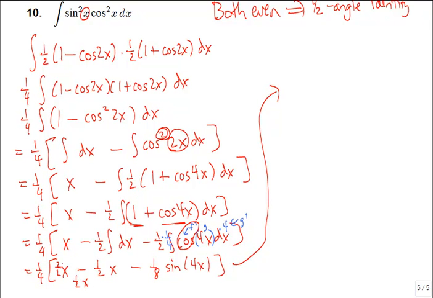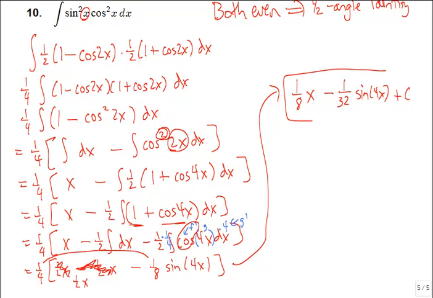So if I clean those like terms up, then these two turn into just that single term, and 1/4 times 1/2 x is going to be a 1/8 x, minus 1/4 times 1/8 is 1/32 sine of 4x, and I have my plus c on the end. And that's it.